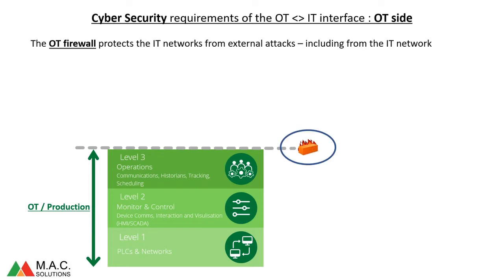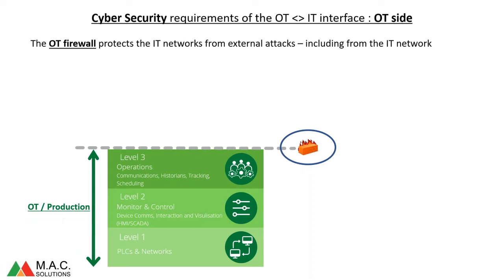From the OT side, you have a similar situation, but almost flipped on its head. The OT firewall is responsible for protecting the OT network from intrusions from the IT side. And when you look at the figures and reports related to OT intrusions, nearly all of them start from a spear phishing attack or some sort of credentials attack on the IT network, which is the way in, so to speak, and that then gravitates down onto the OT side.